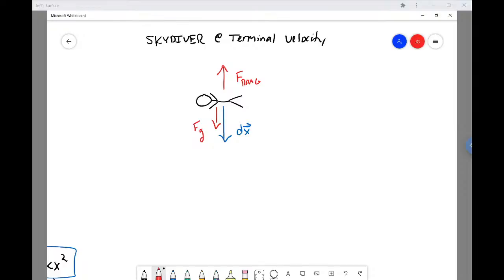So we know that one of these forces is conservative. It's associated with the force of gravity, F of g, so there's potential energy associated with it. The other force is non-conservative.